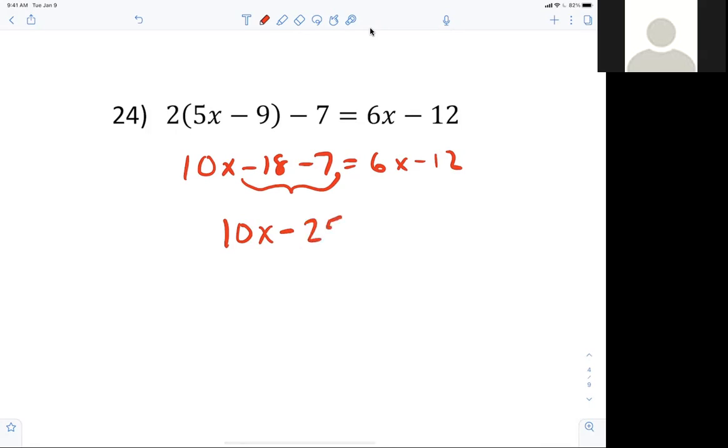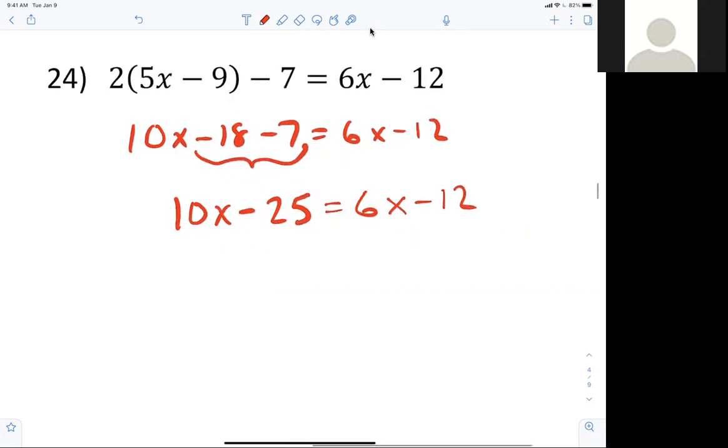Yes. Good. And then minus 7. Then what? And then, yeah, 25. Yes, you would. By doing what? By adding. Yes. And then this. Right. By what?